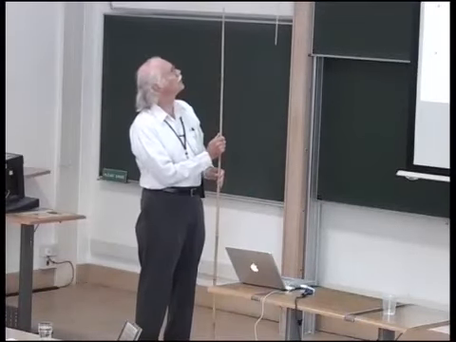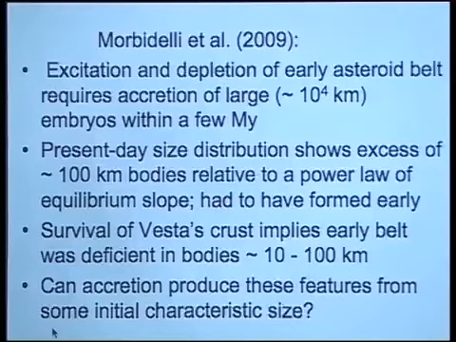And yet there may still be some trace remaining, at least if you believe the guys at Southwest Research. Okay, let me recapitulate some of this. The present-day size distribution of the asteroids, I'll show you that in a minute, shows an excess of 100 kilometer or so size bodies relative to what you would consider to be a collisional equilibrium power law.